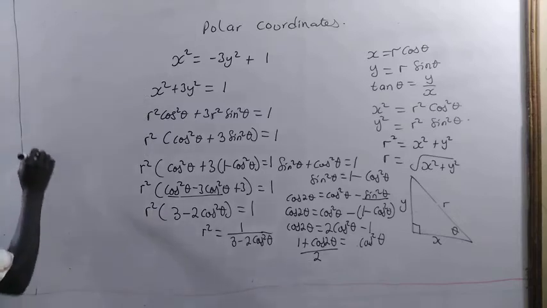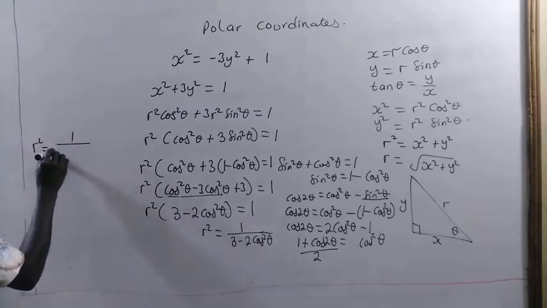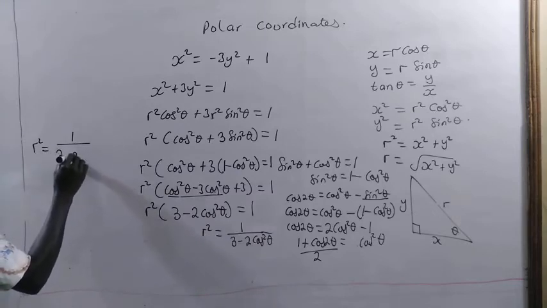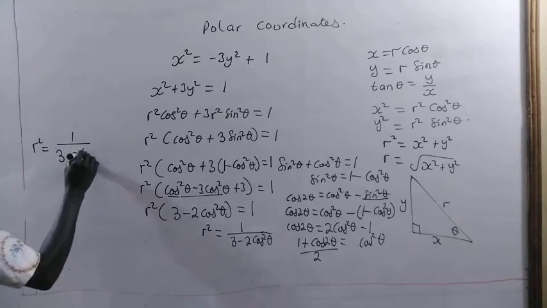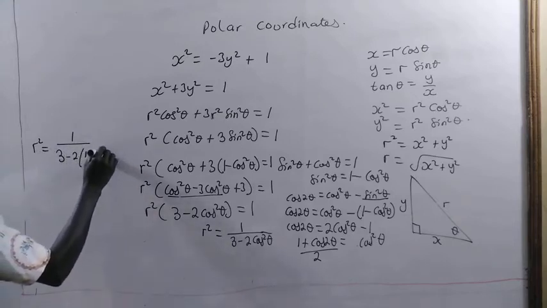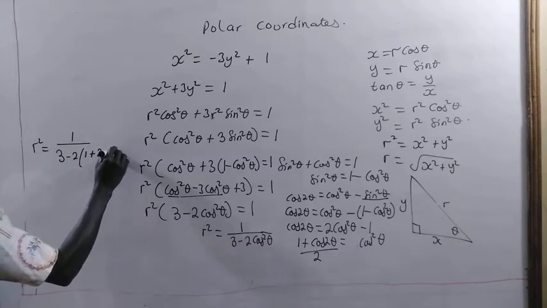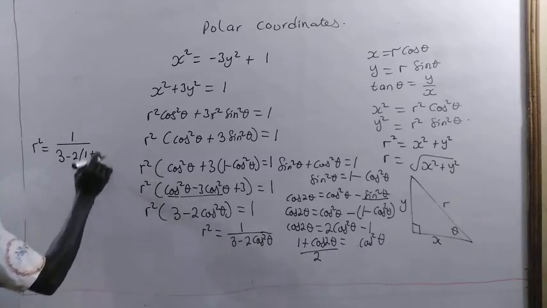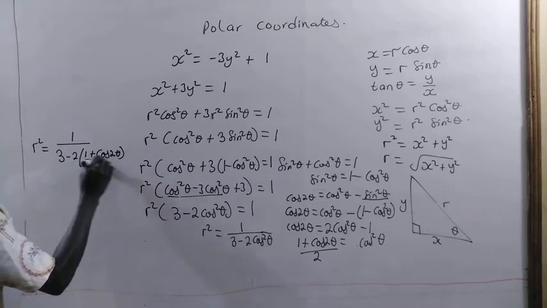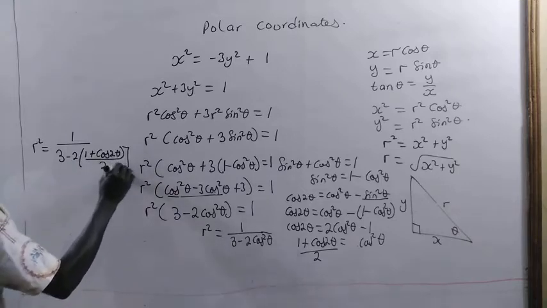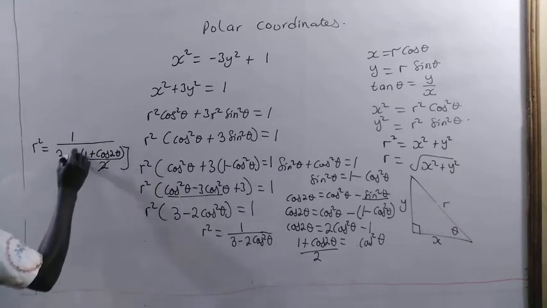Now we are going to have r squared equal to 1 divided by 3 minus 2 into brackets 1 plus cosine of 2 theta divided by 2, and then these two will cancel these two.